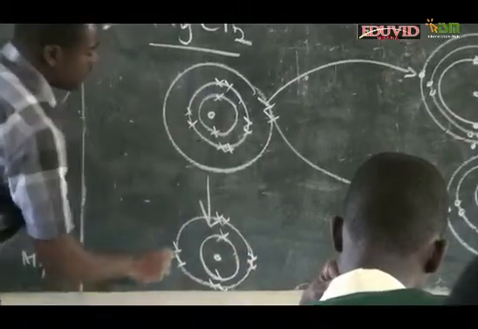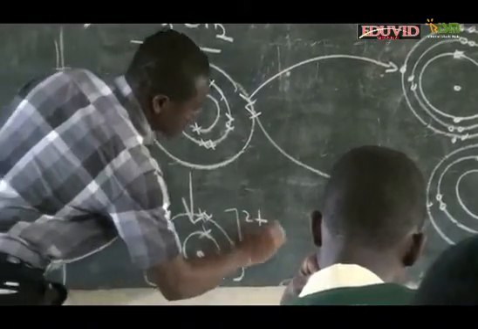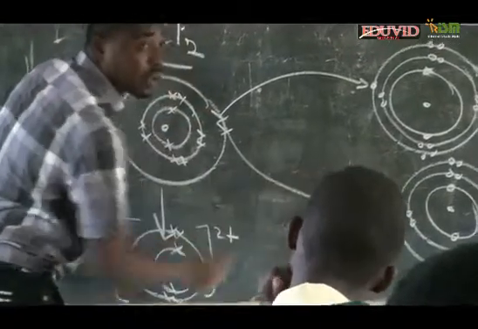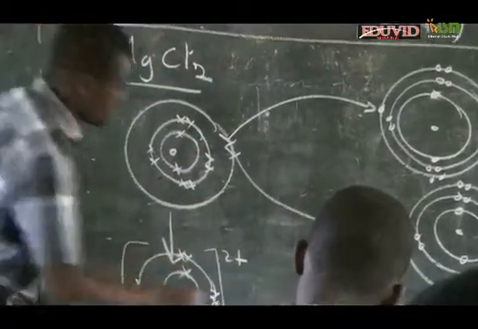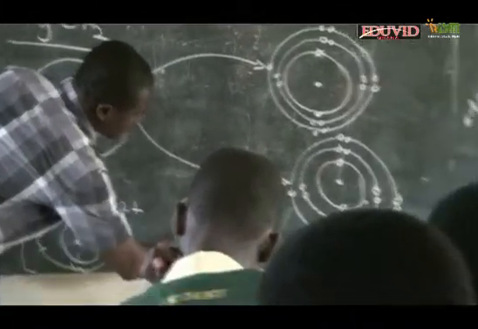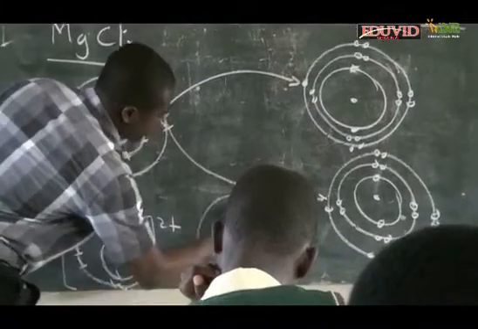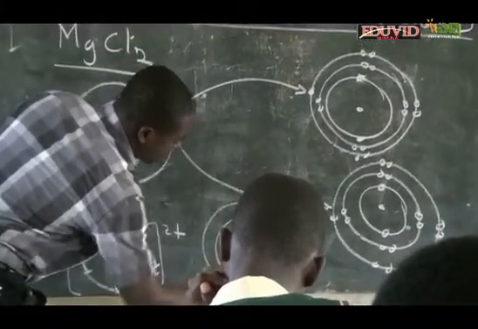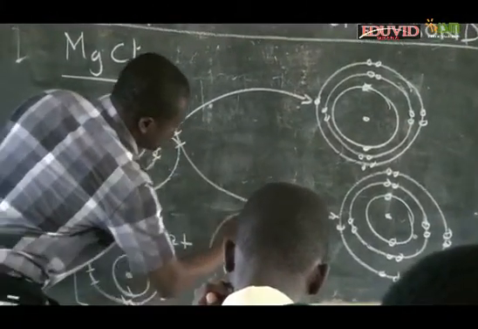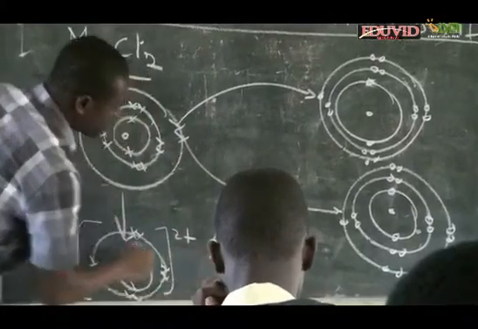Right. So this is the magnesium ion, Mg 2 plus. Then these will be 2 chloride ions. Is that okay? So we expect them to have 8 electrons on the outermost shell. Right. So this is 2, 8, and it's a cross because this electron is coming from this one.